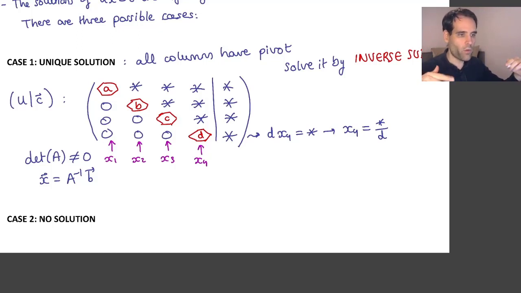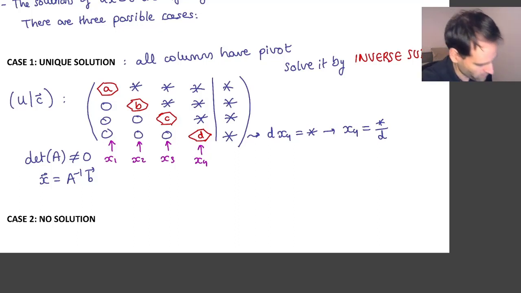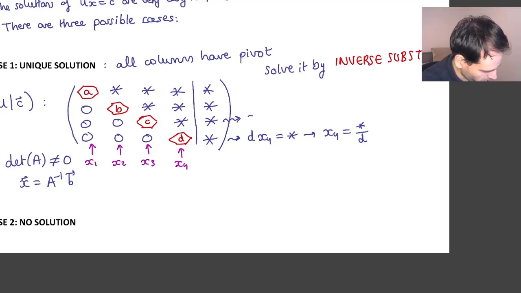Now, knowing x4, we can solve the next row, the third row. So why is this? Well, if you write the equation associated to this row, this equation will be c times x3 plus asterisk times x4 equals asterisk.